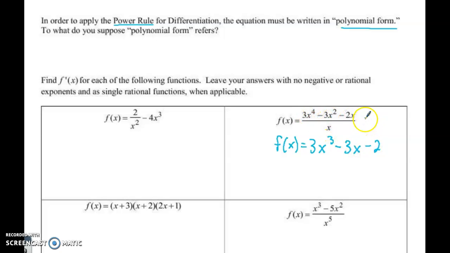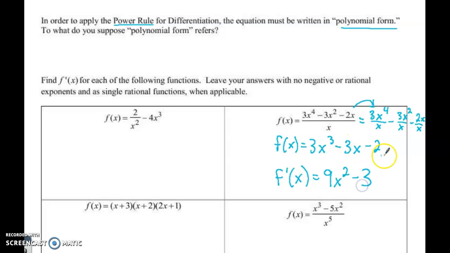By dividing every piece, maybe I should show that work. I'm sure you're all familiar that when you're adding fractions together, as long as the denominators are the same, then you can put them together going this way. Well, now in calculus, we need to be ready to go that way. So I hope now you're convinced that that is correct. So now the derivative, 3 times 3 is 9, x squared minus 3.